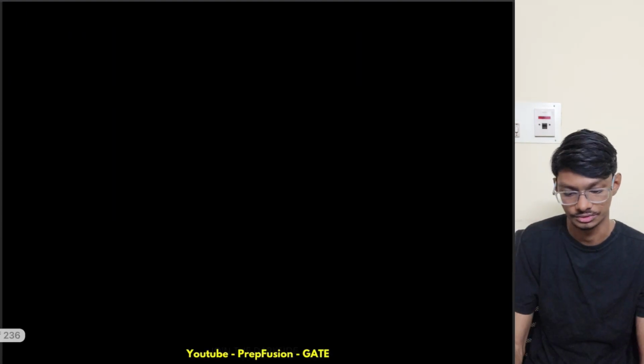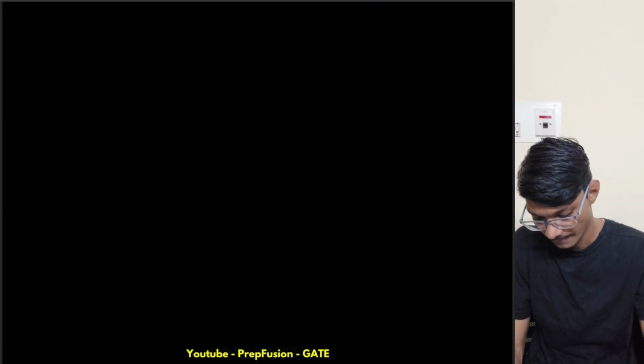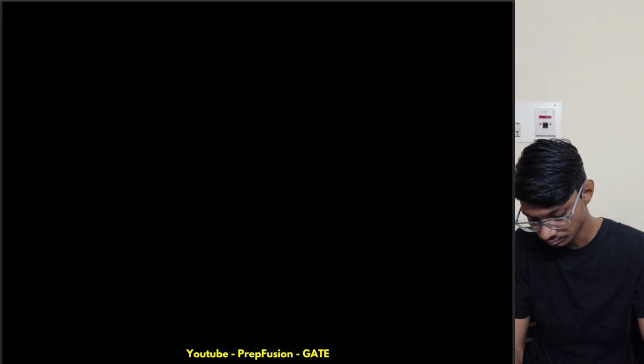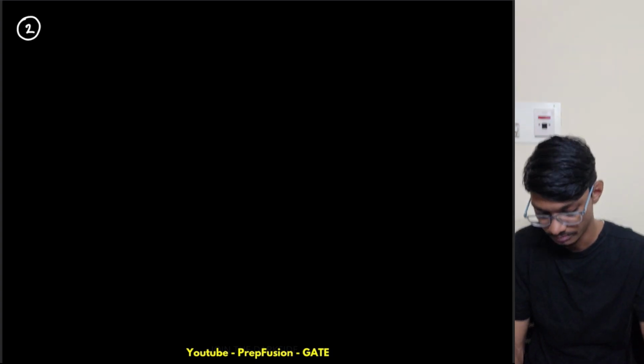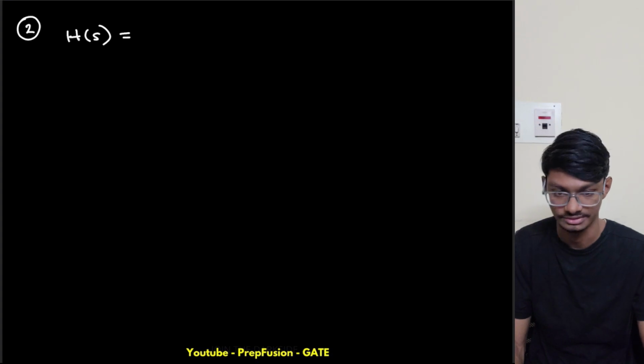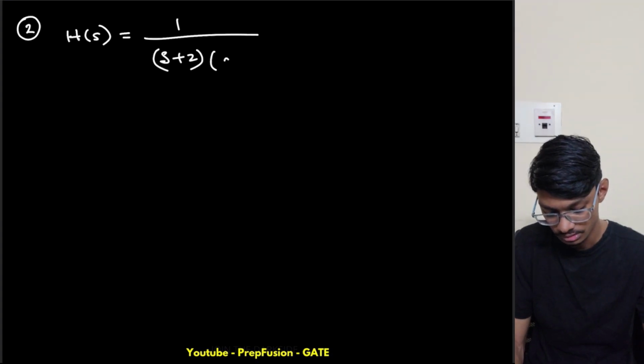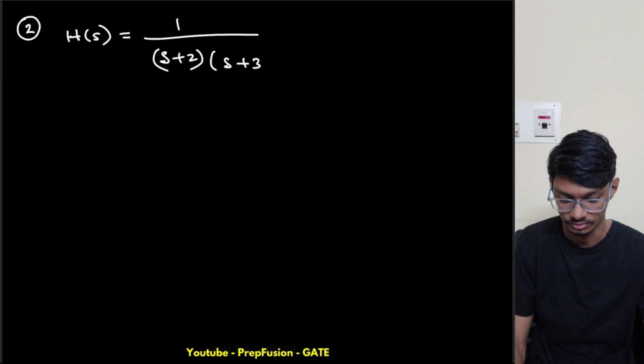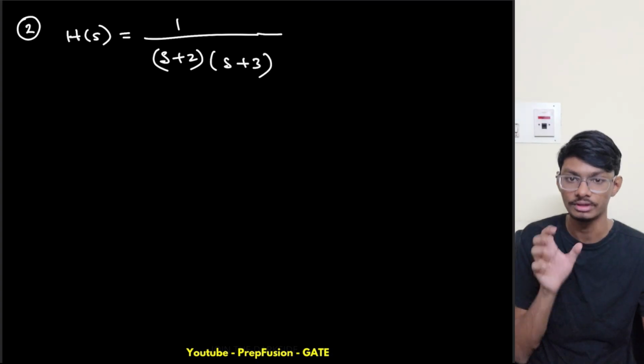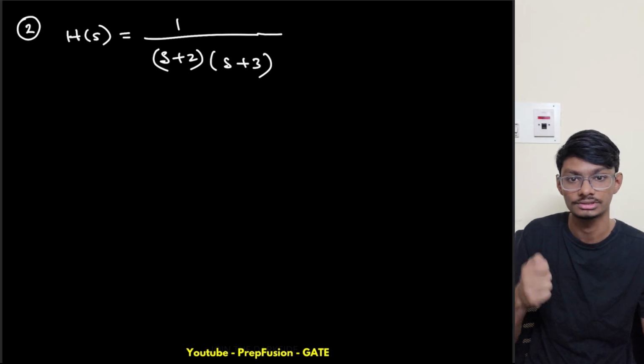Let us do another question. This is just h of s. Don't worry what h of s is, just h of s. And this time we have been given the Laplace transform of a time domain signal. What we have to find is the Laplace inverse.